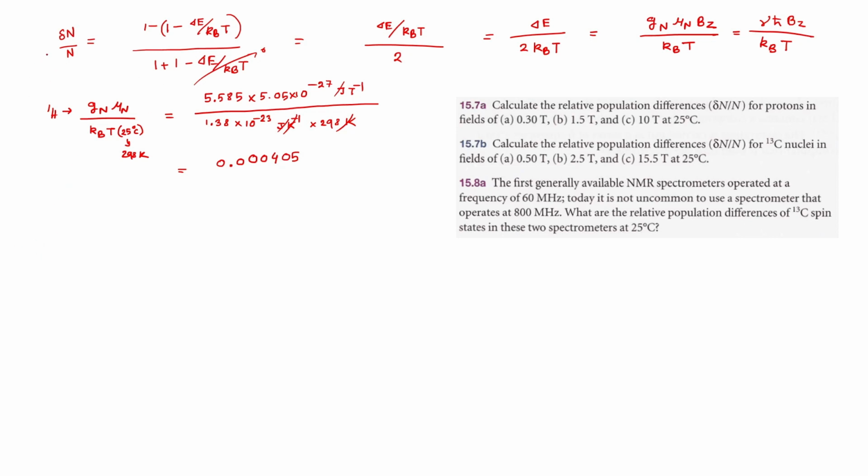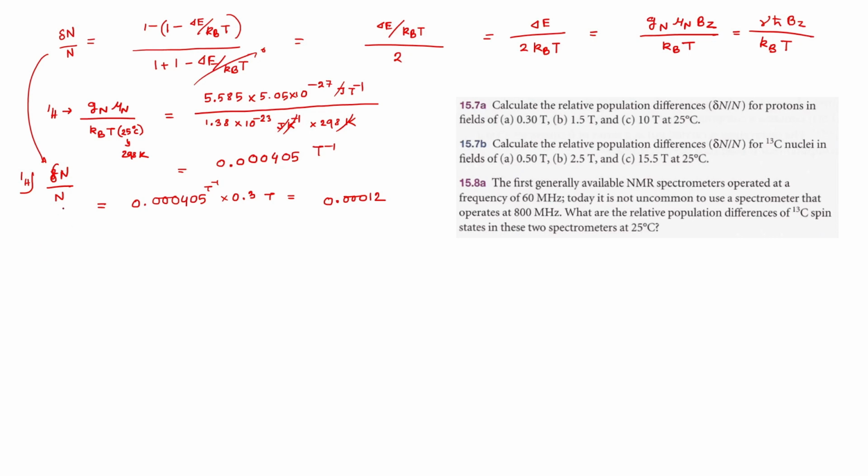So for delta n by n for proton at 0.3 Tesla, it will be 0.000405 into 0.3, Tesla inverse into Tesla, which is 0.00012, something like this.